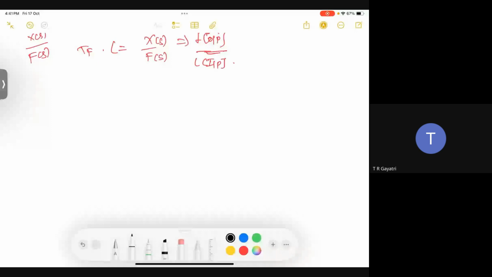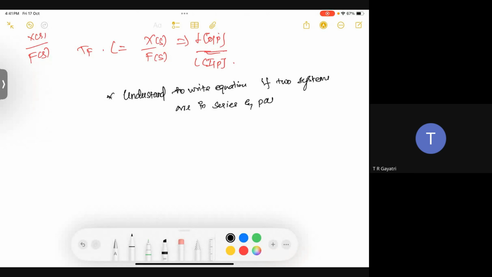So the takeaway from this is to understand how to write equations if two systems are in series and parallel. This is the practice out of this session.